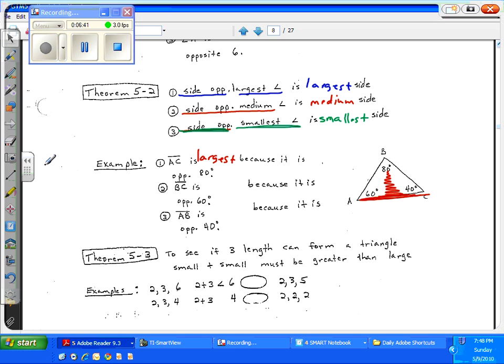And BC is opposite the medium size angle, so it must be the medium size side. And AB is opposite the smallest angle, 40, so it must be the smallest side. Any questions on that?